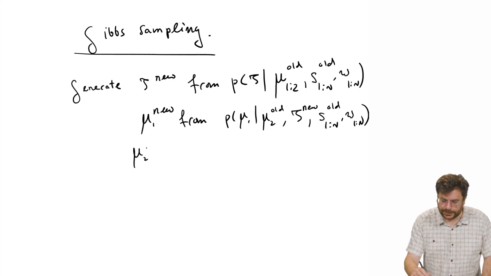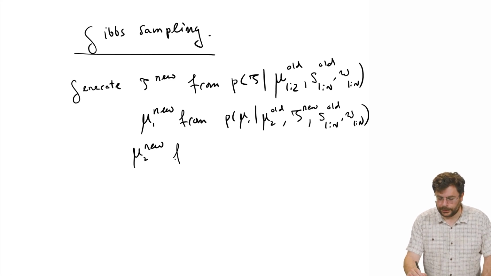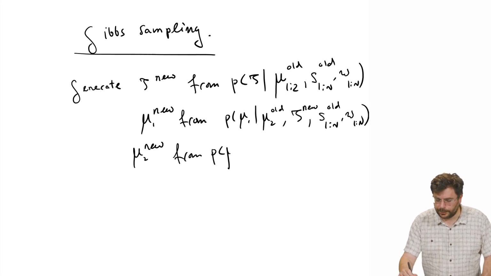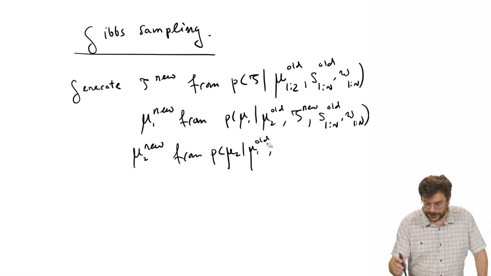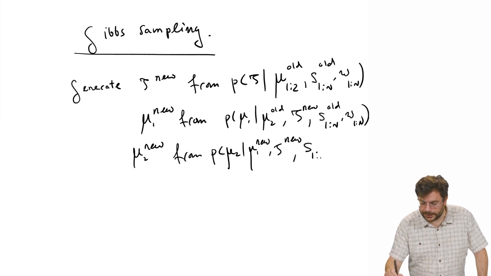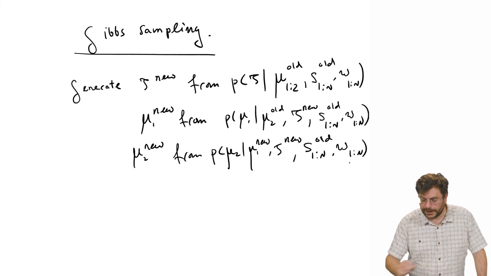And then, of course, we do the same thing for mu2, for P of mu2, given now mu1 old, mu1 nu, which has just been updated, tau nu, S1 to n old, and Wn.